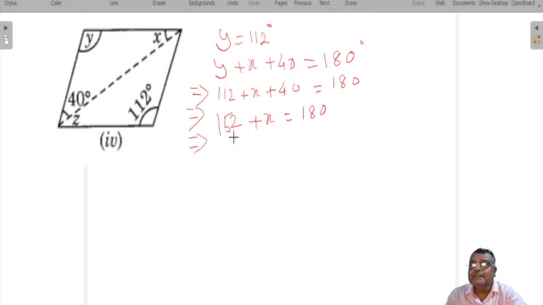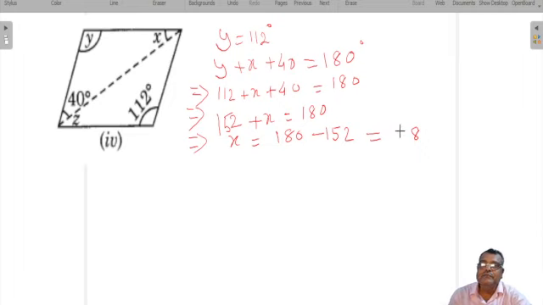That is why X is equal to 180 minus 152, 28 degree. X is equal to 28 degree.